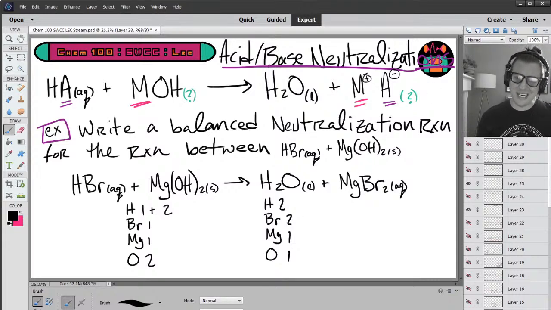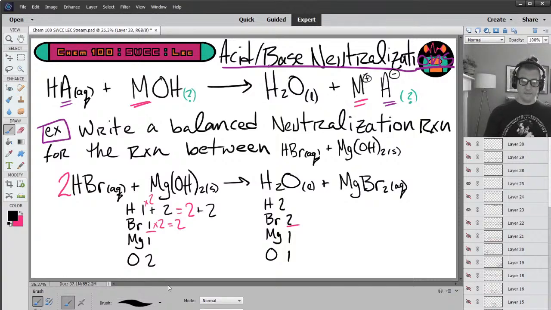So I can see here that I've got 2 bromine on my product side, 1 on my reactant side, so I need to multiply HBr by 2. This is going to change my hydrogen count and my bromine count simultaneously. Now I have 2 plus 2 hydrogens and then 2 bromines.